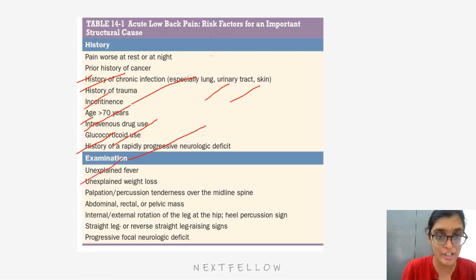On examination: unexplained fever, unexplained weight loss, percussion tenderness over the midline spine, abdominal, rectal or pelvic mass, internal and external rotation of leg and hip, heel percussion sign, straight leg or reverse straight leg signs, and progressive focal neurological deficit.